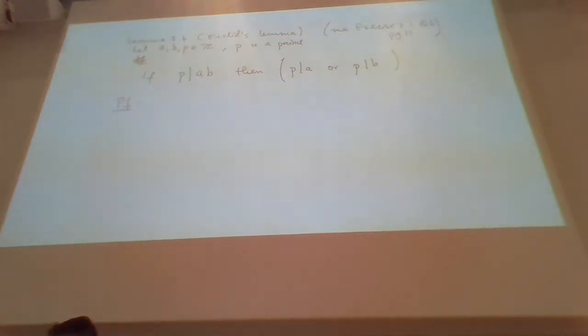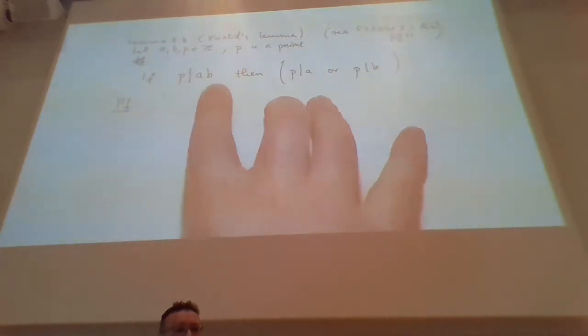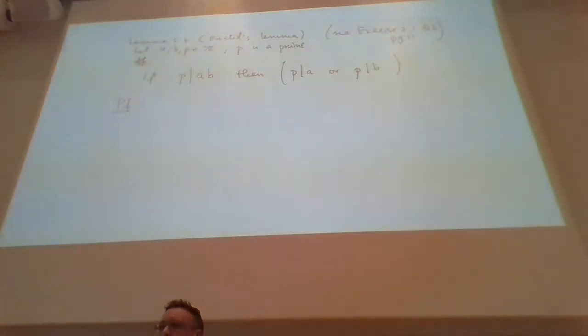You can easily see that it isn't true if p is not a prime. So the fact that p is a prime is important, because if you allow p to not be a prime, you can easily construct a counterexample, couldn't you? Someone give me a counterexample to that, if p wasn't a prime number? So where the first number did divide the product, but it didn't divide either of the factors.